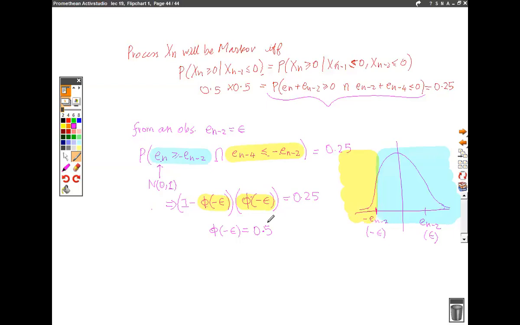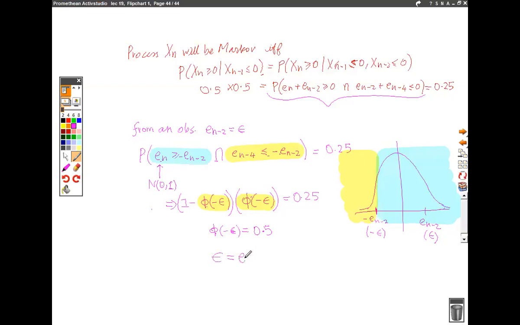Now, what does it mean when I say that my phi of minus e is 0.5? I say that the probability that my error terms will lie below the value of minus e is 50%. And I know that my errors follow normal distribution. So I know that indeed my minus e is going to just be 0.